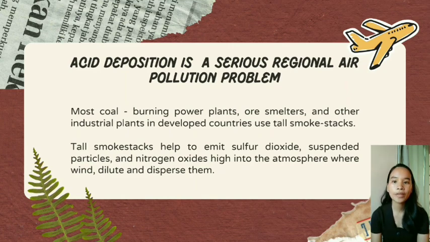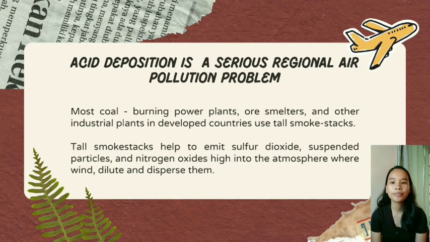During their trip, they form secondary pollutants such as droplets of sulfuric acid, nitric acid vapor, and particles of acid-forming sulfate and nitrate salts. These acidic substances remain in the atmosphere for 2 to 14 days, depending mostly on prevailing winds, precipitation, and other weather patterns.